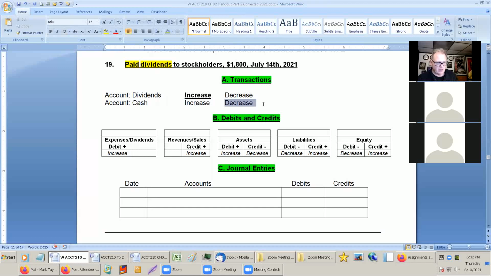Cash is going down. Okay, so dividends. Again, nice thing about dividends: dividends are debits. And our cash is an asset, and it's going down.